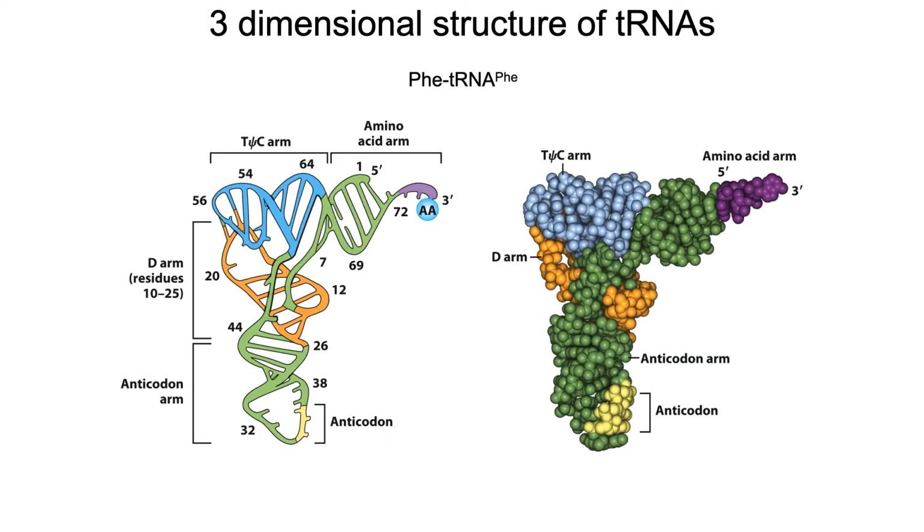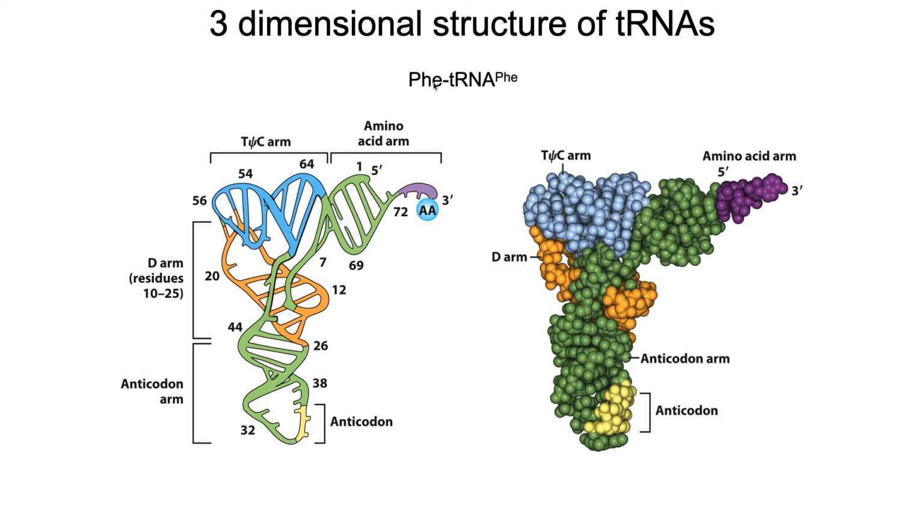Now here's a more realistic look at the structure of a tRNA. A tRNA that has an anticodon that binds to a codon that encodes phenylalanine will be referred to as a tRNA phenylalanine. Now, if that transfer RNA is actually bound to a phenylalanine amino acid, like it is here, then we put phenylalanine in front of it.